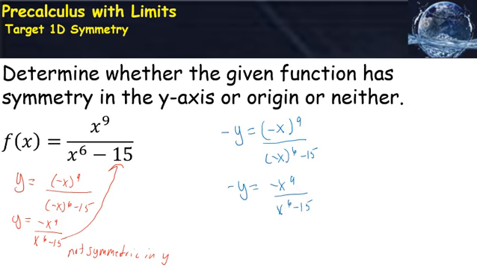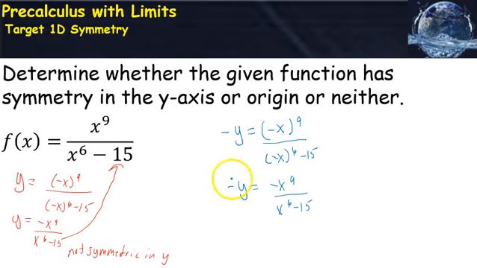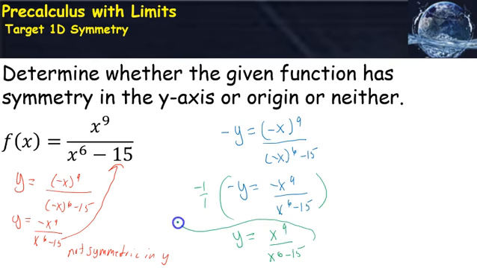And then again, let me grab another color. I need to multiply by negative 1 over 1. And I get positive y equals positive x to the 9th over x to the 6th minus 15. And look at this, those are equal. So that means it is symmetric in the origin.